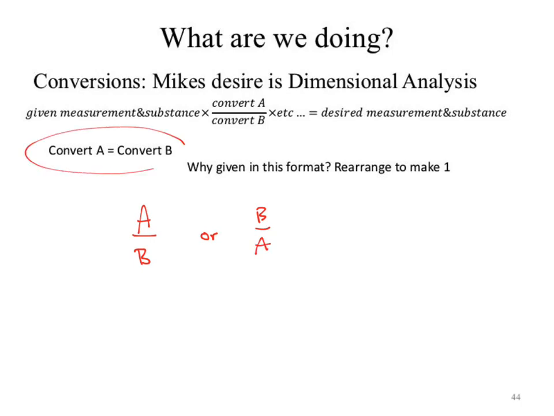Because from this equation, if I divide one side by the other, what's left over? 1. So now I can input that factor into any conversion I want, and all I'm doing is multiplying by 1. But that 1 allows for the units to convert across. Okay? So it's given in an equality statement, not in a fractional statement.